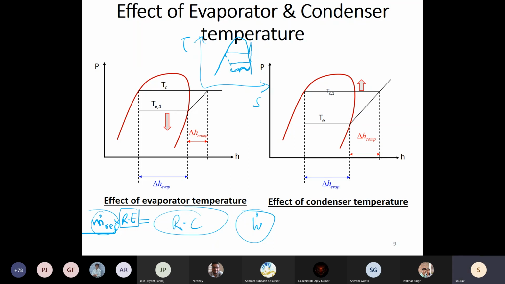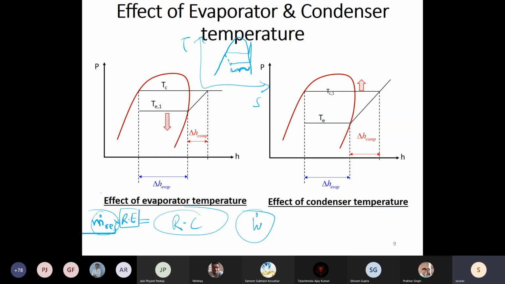Now with our understanding of the reciprocating compressor characteristic, we will try to relate mass flow rate also to the operating condition. Definitely refrigeration effect will depend on the operating condition because the cycles, the area under the curve and everything will change.